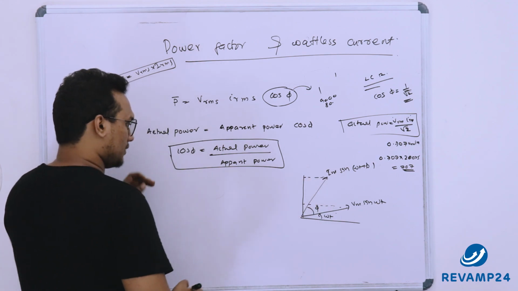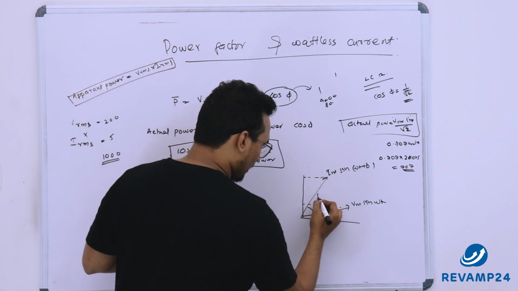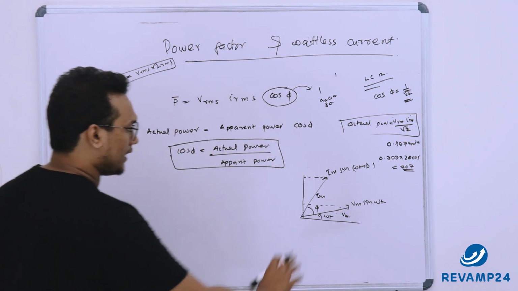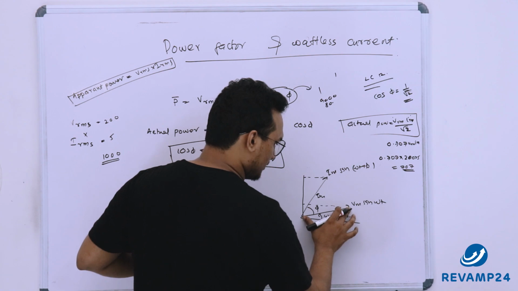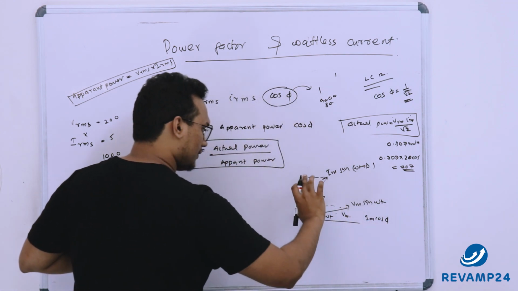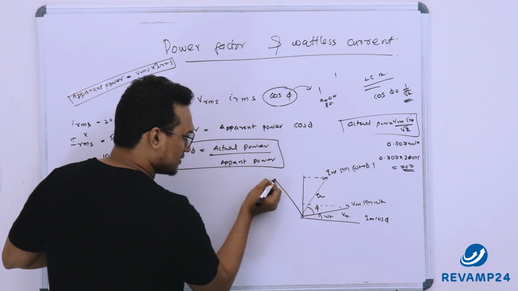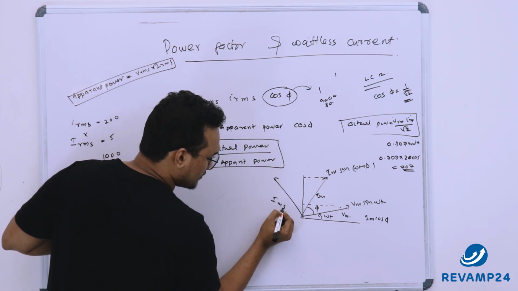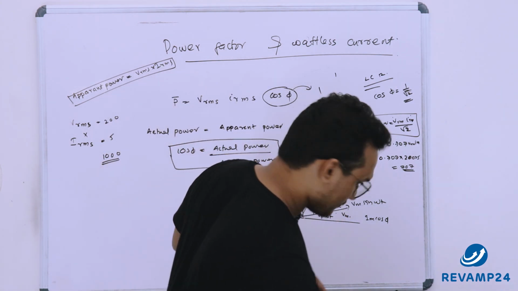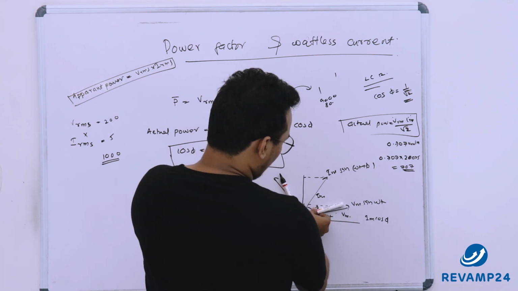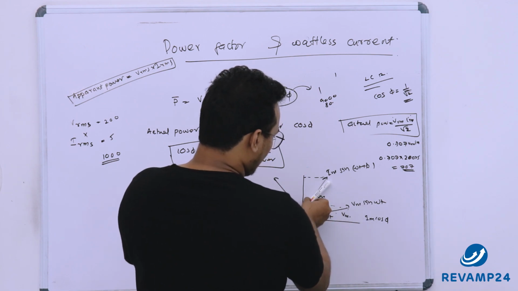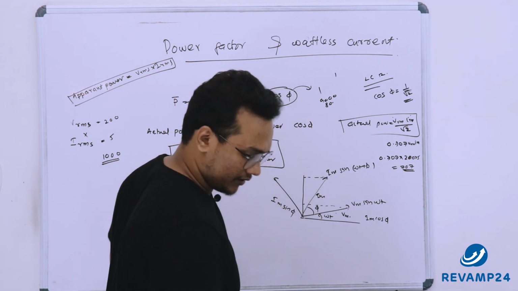The total value would be Im here, and here it would be Vm. Now Im has two components, one along this direction, that is Im cos phi, and one more component in this direction, that is Im sin phi. These two are perpendicular.